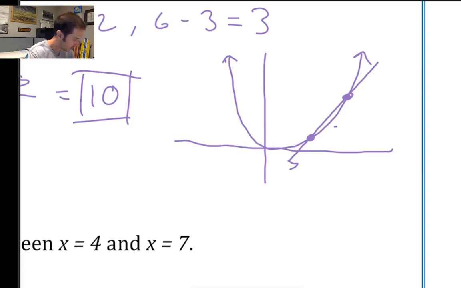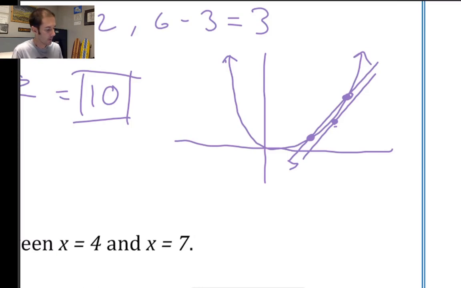And I'd be willing to bet that it's at maybe this point right here, and if I try to draw a line that's parallel to the previous line that I drew, let's see, that's pretty close. That second line that I drew is more like a tangent line, and in fact it is.